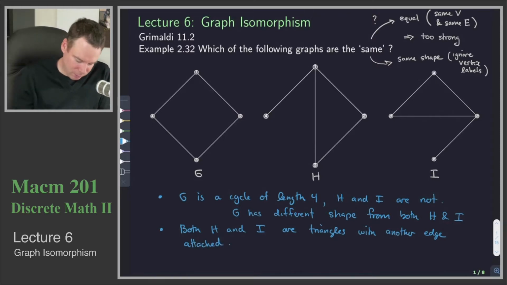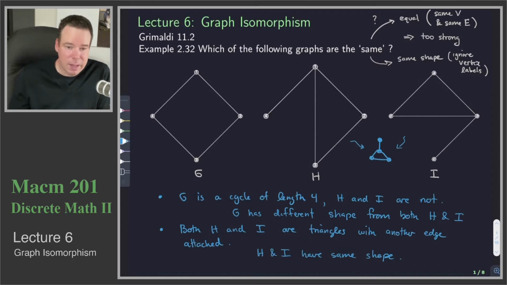They basically both look like a triangle and then an edge attached. I'm just going to draw it like this for a nice symmetric picture. So we've got a triangle and an edge attached. That's what they both look like. So H and I have the same shape.